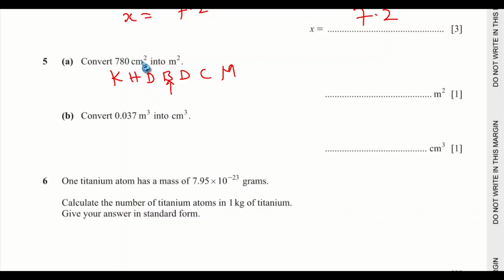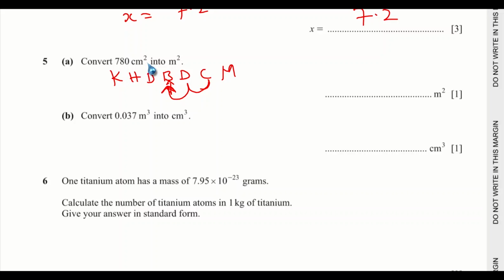We want to convert centimeters to meters now, so centimeter squared to meter squared. This is centimeter and this is meter here. So you move from this to this place, 1 and 2. You move twice in this direction. So that is for centimeters to meters. That is 2 steps.